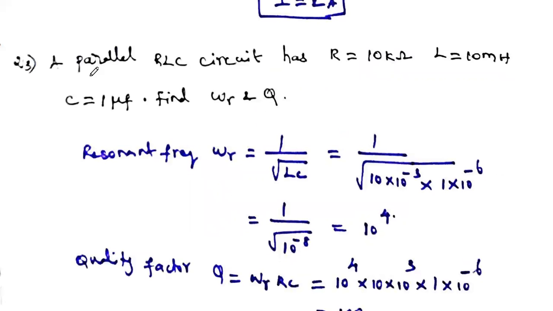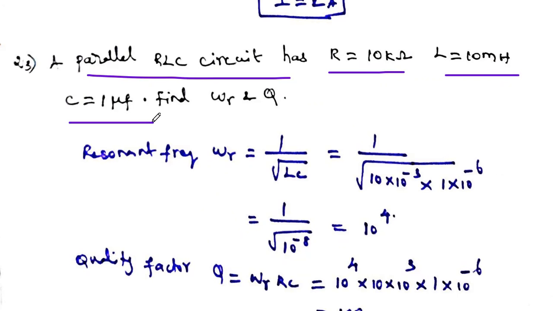The next question: a parallel RLC circuit has R equal to 10 kilo ohm, L equal to 10 millihenry, C equal to 1 microfarad. Find omega R and the quality factor. We have to find the resonant frequency and quality factor.